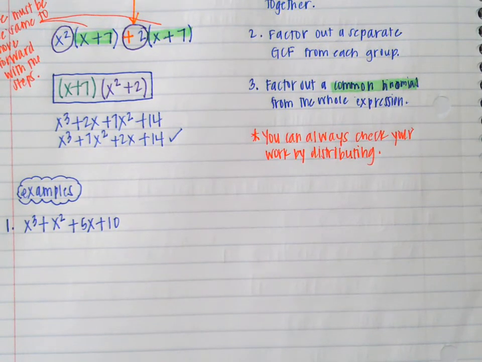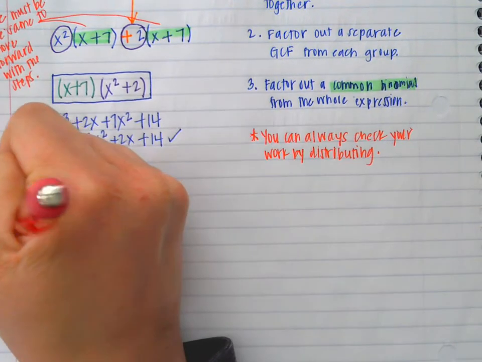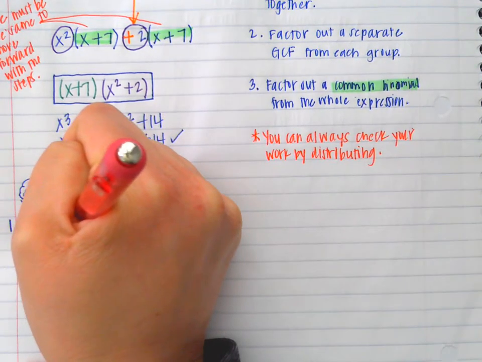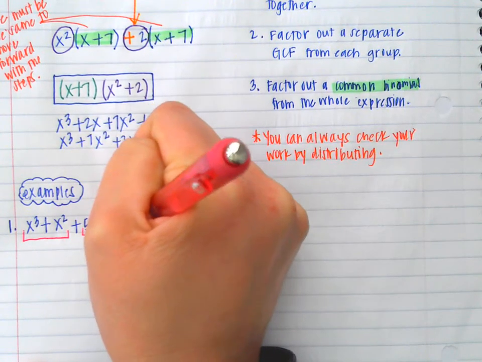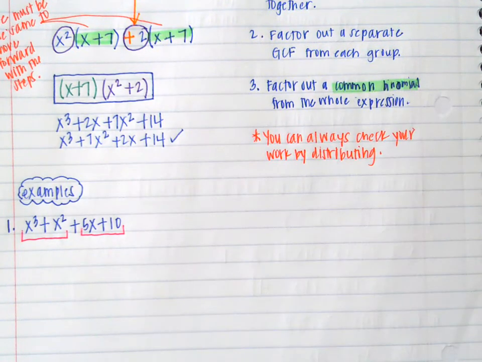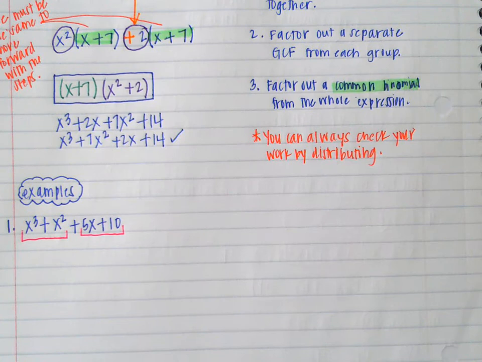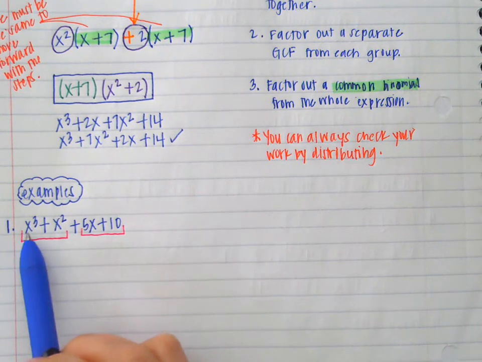That's going to be the first thing you do. You don't have to draw these little lines underneath, but sometimes it helps you see that we're looking at them separately. So, you do you. And then once we're looking at those as separate entities, we're going to factor out a GCF from each group.